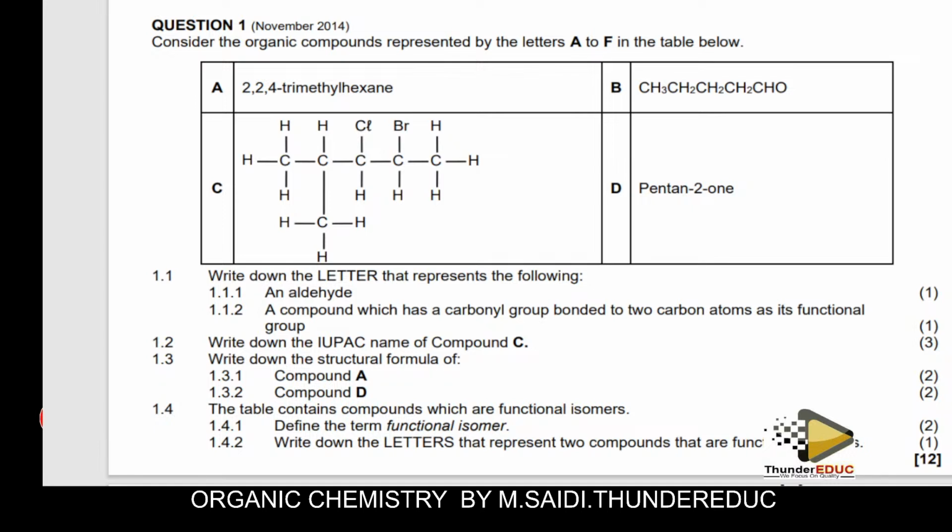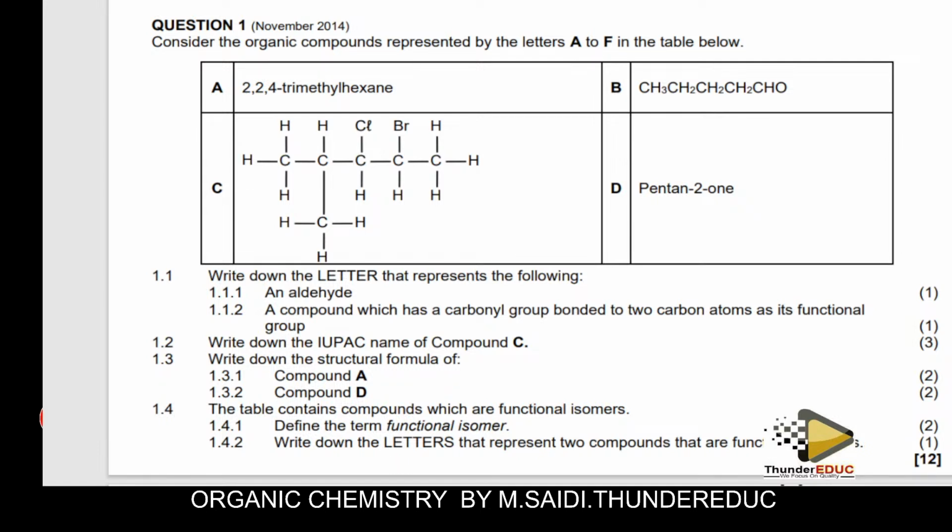How do you know that this is an aldehyde? Based on this, you have to use what we call the general formula to know what is the aldehyde. Remember, we said that aldehydes and ketones have the same general formula.